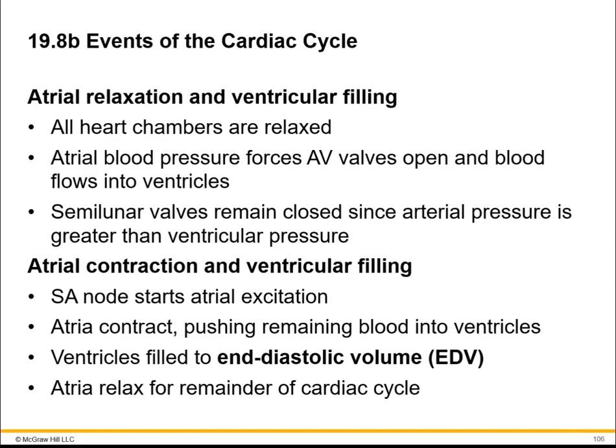The end diastolic volume is essentially the amount of blood that's in the ventricles after relaxation. It's the amount of blood that the ventricles have to work with to try to push forward into the pulmonary circuit or the systemic circuit. The atria, after contracting, are going to relax and remain relaxed for the remainder of the cardiac cycle.